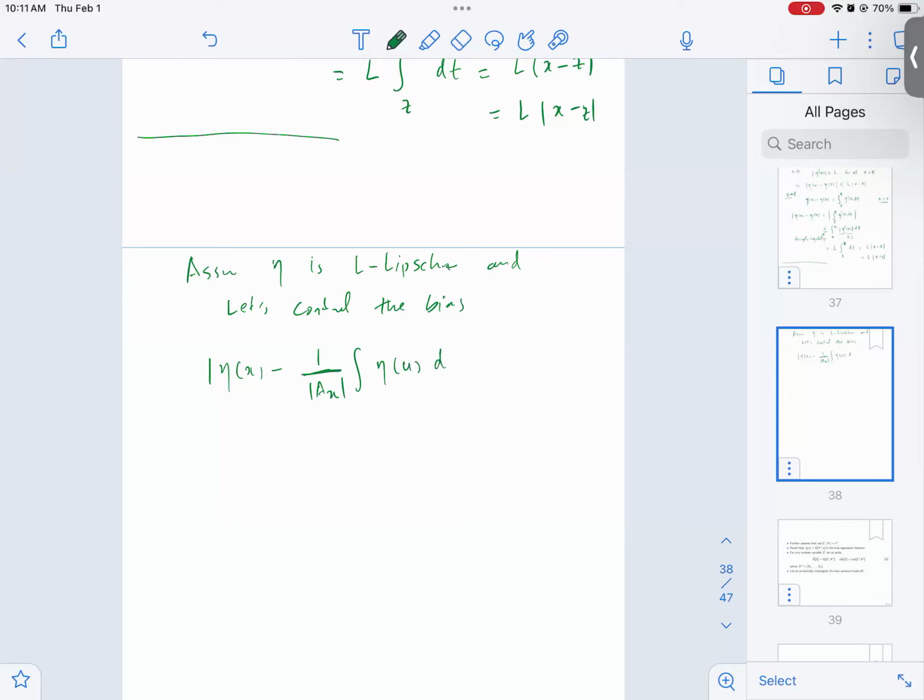Let's do p of u du. If this is uniform on 0 to 1, this would be h, this would be 1. But I can do it more generally like that. The way to do it is that I can move this inside, or I can write it as 1 over the integral. Actually, if you want to be very general, this would be nu of A x.